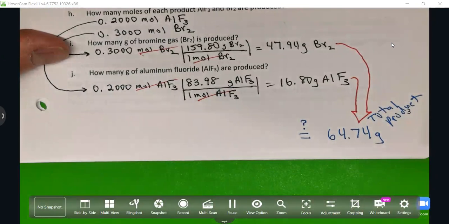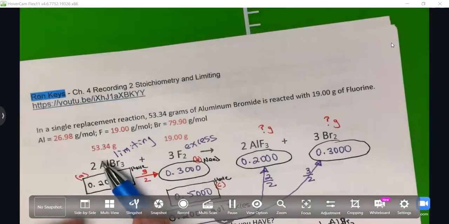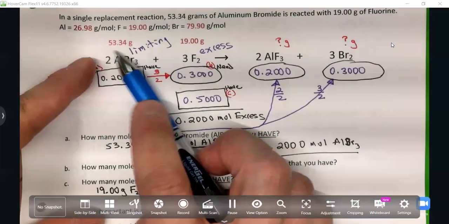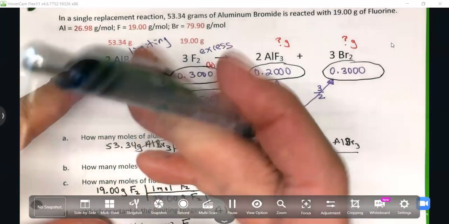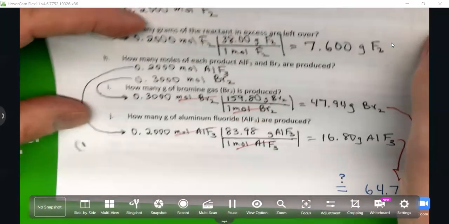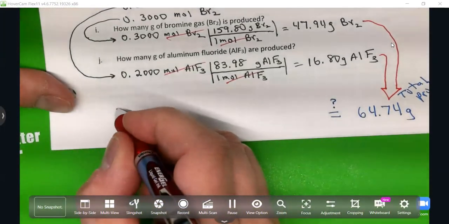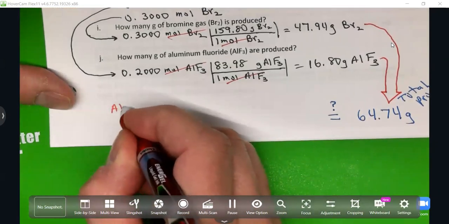Okay. We know that 64.74 grams here was produced by the limiting one, right? How many grams of limiting? 53.34. This is gone, correct? So let's figure it out here.